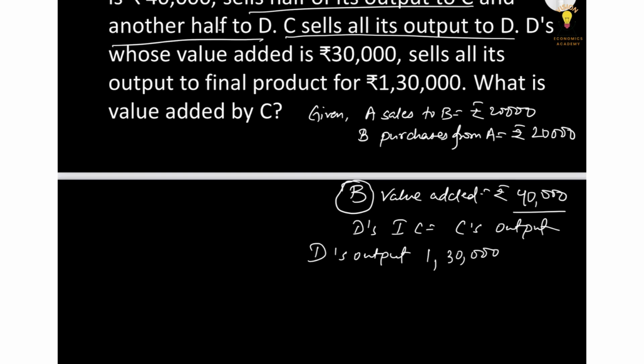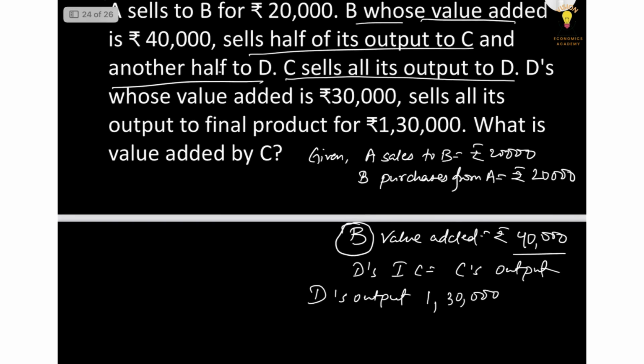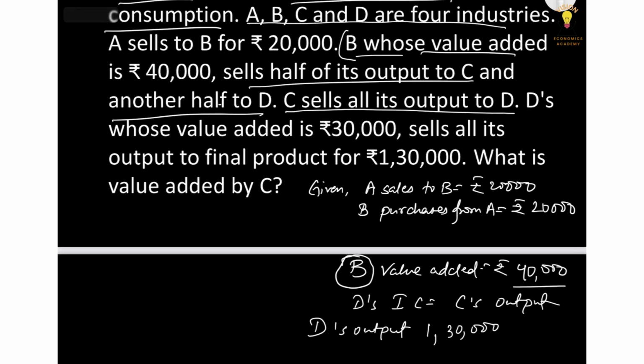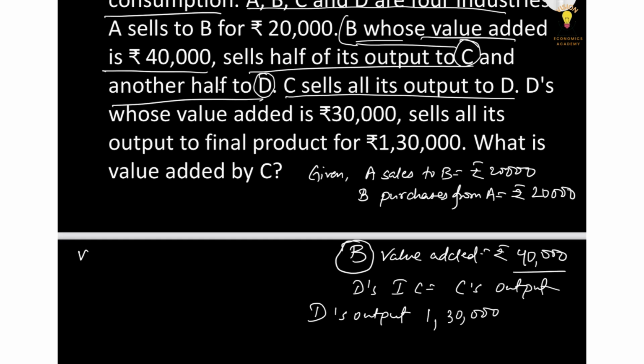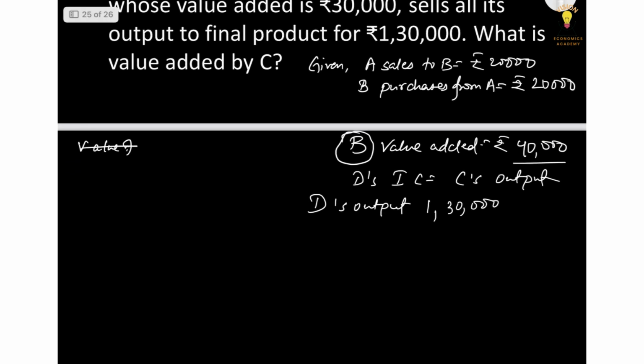First, let us find the value of output of B, because B, whose value added is rupees 40,000, sells half of its output to C and another half to D. That means D's intermediate cost and C's intermediate cost are part of B's value of output. Since B's value added is given, it's easier to find now. Value added by B is value of output minus intermediate cost.